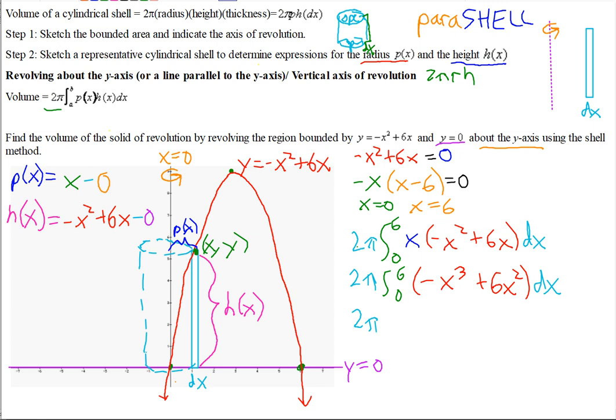And when you integrate negative x cubed, you get negative x to the 4th over 4 plus 6x cubed over 3, from 0 to 6. You can see this one simplifies a little bit. 6 divided by 3 is just 2. So we'll have 2 pi on the outside.